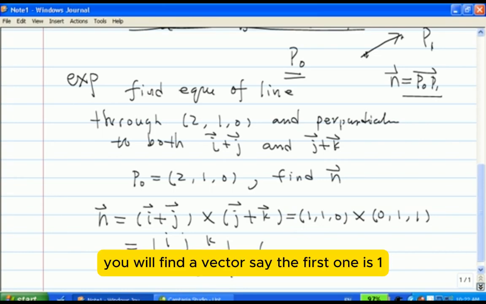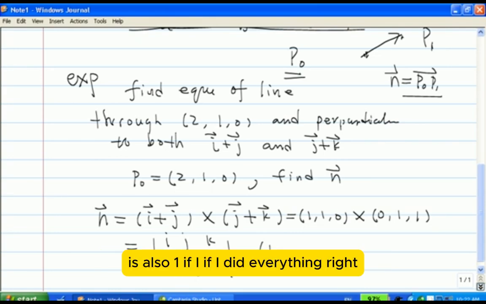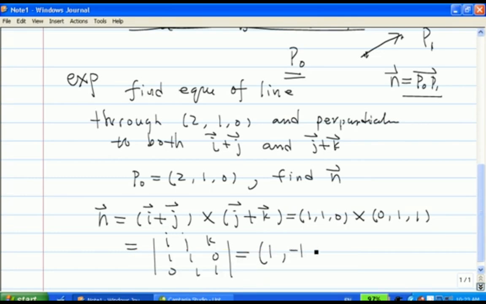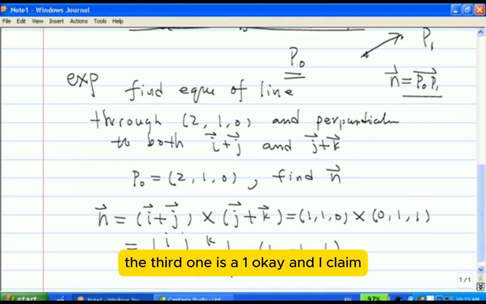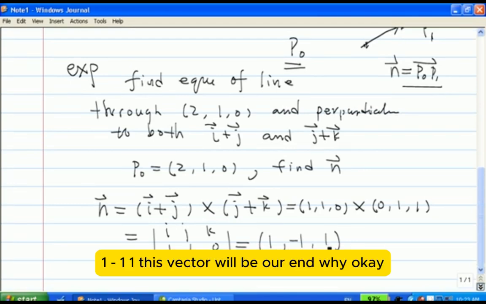The first one is 1, the second one is also 1, if I did everything right. Actually, the second one is a minus 1. The third one is a 1. And I claim (1, -1, 1) will be our n.